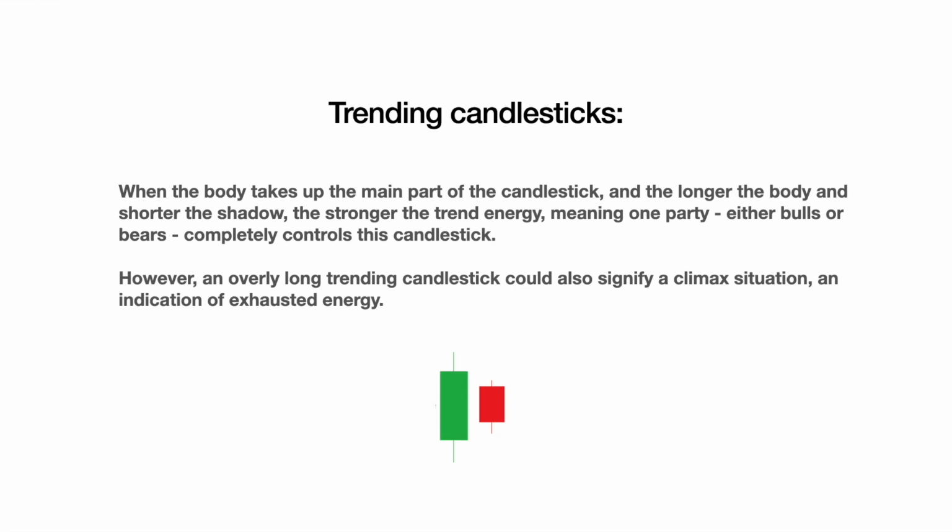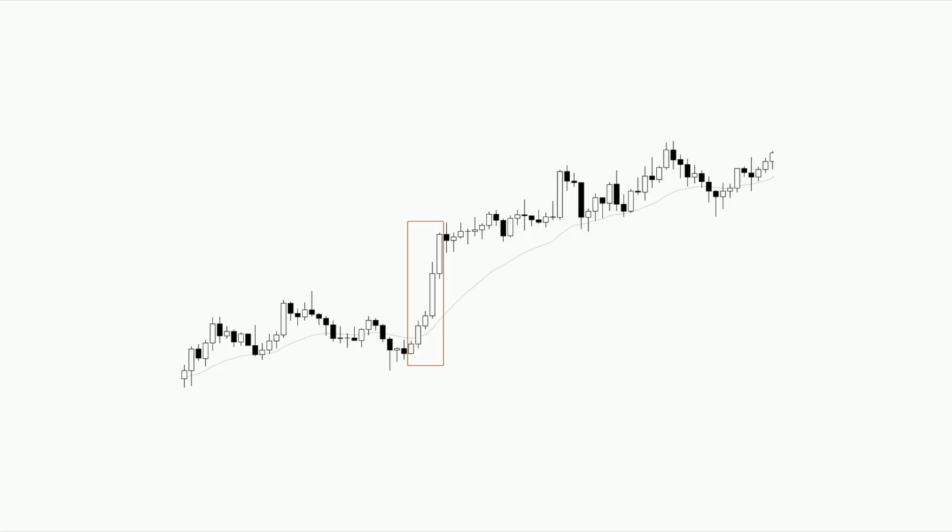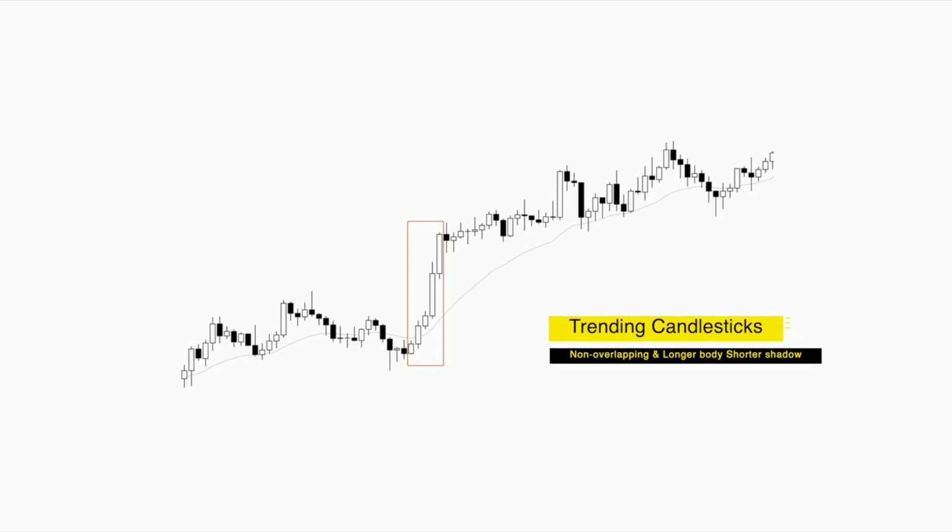A series of non-overlapping trending candlesticks in the same direction signify a rapid market, indicating strong trend energy. In this segment of the market, one side, either bulls or bears, completely controls the market, and there's usually follow-up action in the market afterwards. For instance, the candlesticks circled in the diagram are trending candlesticks.